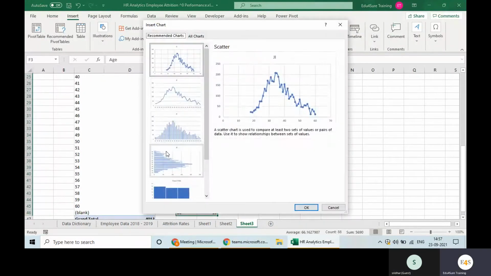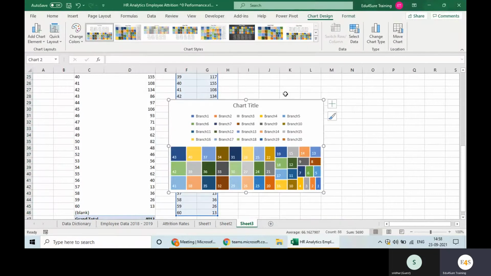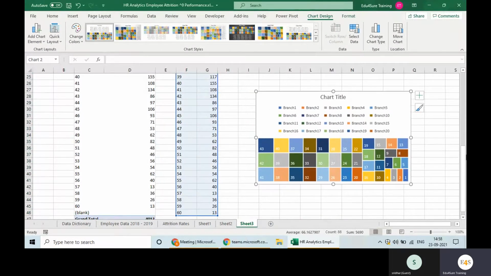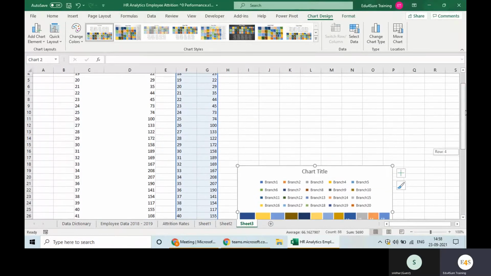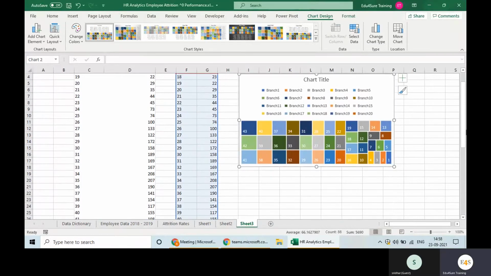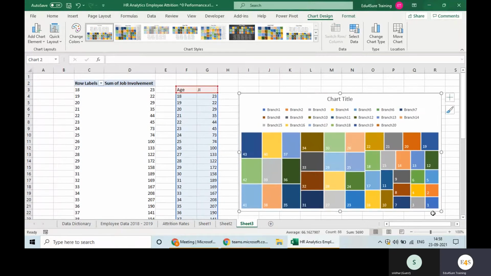Insert recommended charts and take tree map. Are you getting any clear picture from here? What is the meaning of the size of the box? The number you can see here is the age.